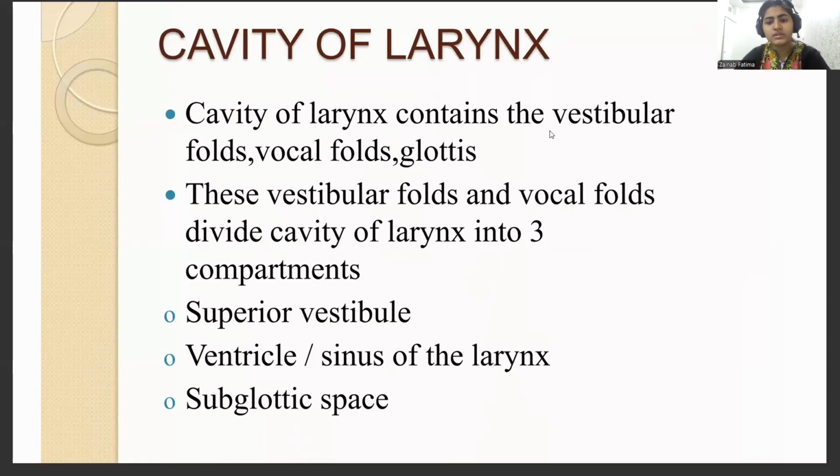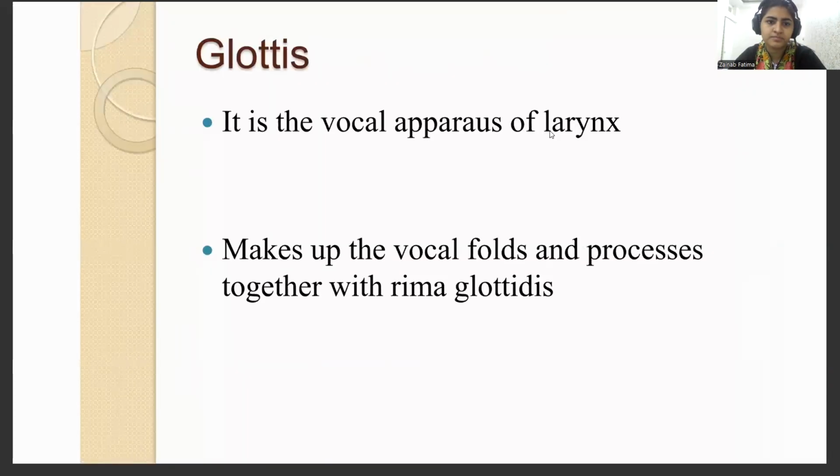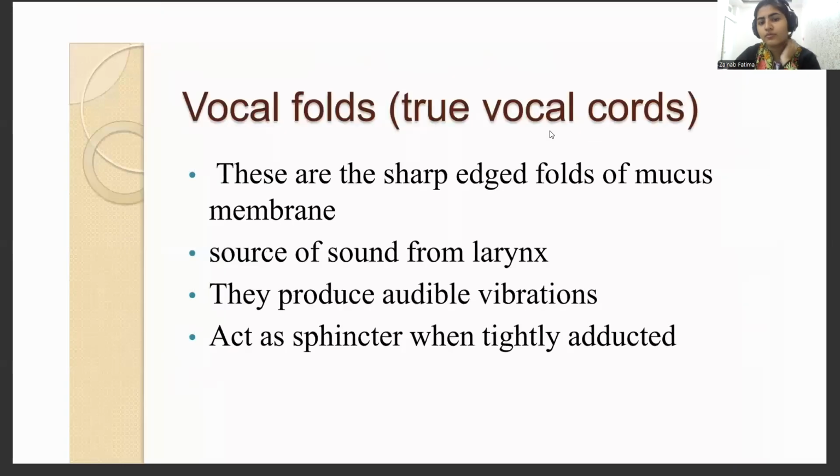These vestibular folds and vocal folds divide the cavity of the larynx into three compartments: the superior vestibule, the sinus of the larynx, and the subglottic space. If we come to the glottis, it is the vocal apparatus of the larynx. It has the vocal fold process, and together with the rima glottidis, we have the vocal fold, which is also known as the true vocal cords.